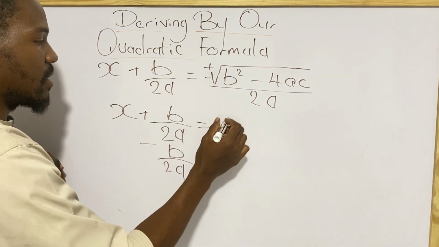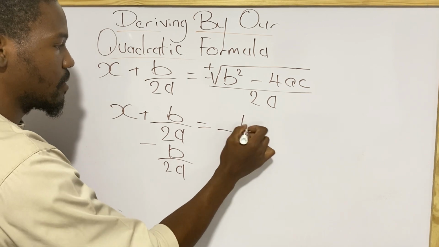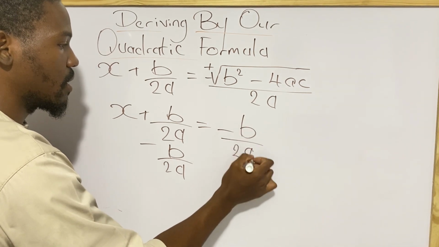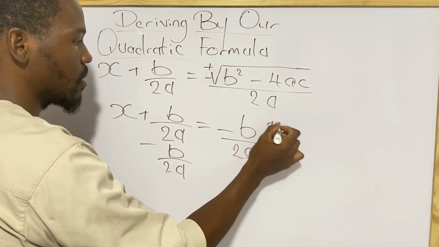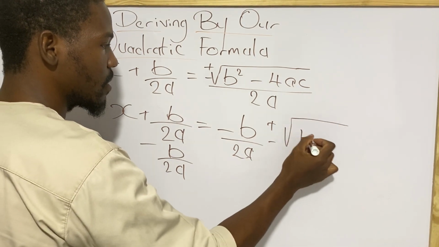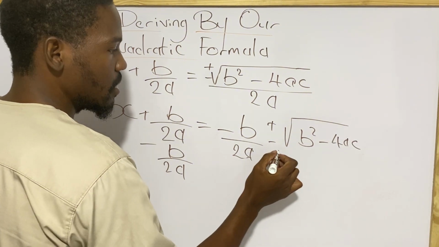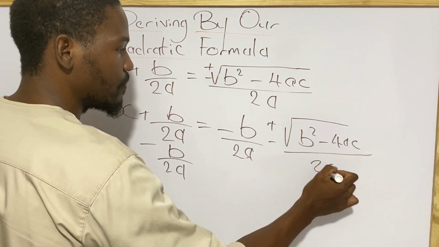And if I subtract it there, I also have to subtract it here. So I would have negative b over 2a plus or minus b squared minus 4ac over 2a.